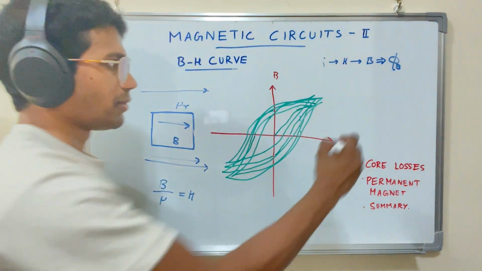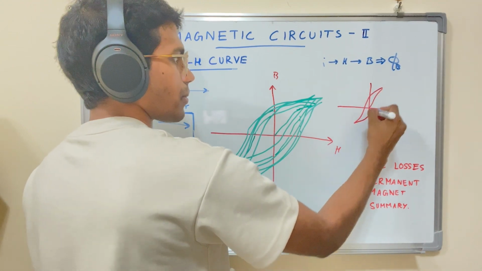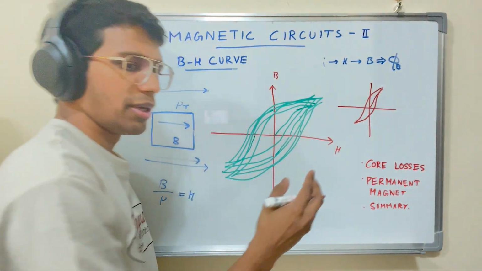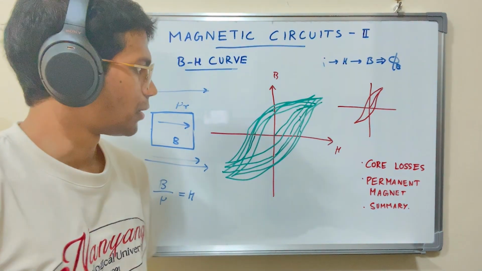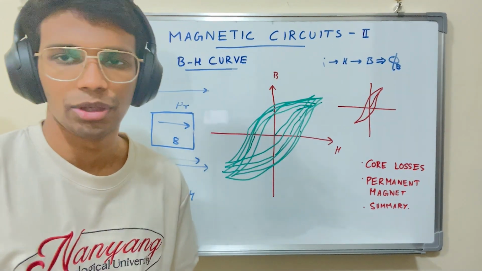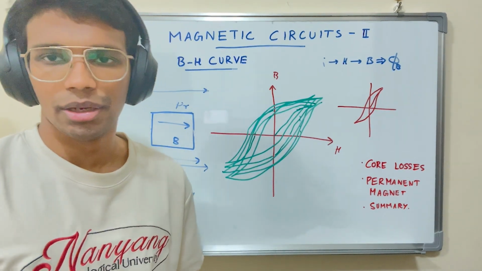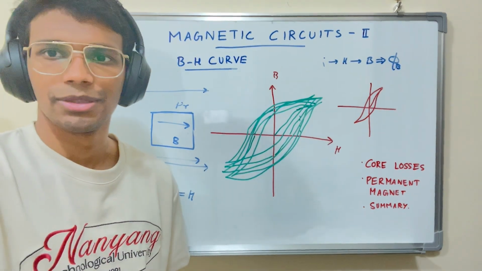If we have a thin BH curve, maybe this one, it's going to dissipate, let's say, less energy. It's going to consume less power as compared to one that has a thicker BH curve. So the area of the BH curve would dictate the losses occurred in this magnetization and demagnetization process.